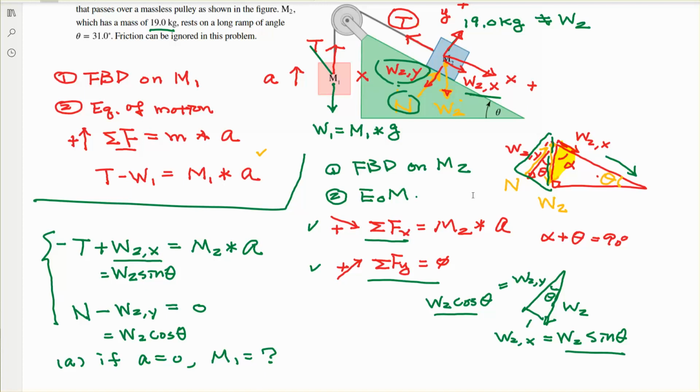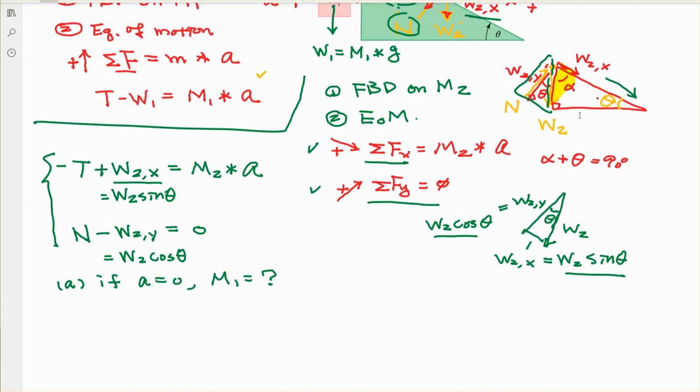And how do we solve this? Well, you have to look at the equation of motion. I have the equations of motion over here. Block 2 has the equations we just wrote.